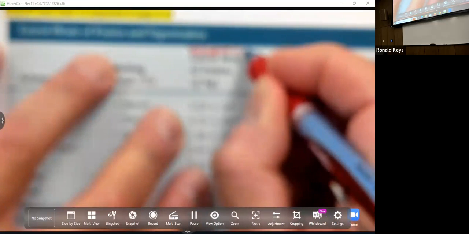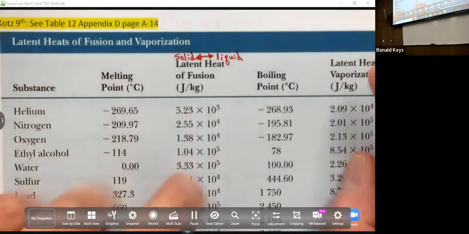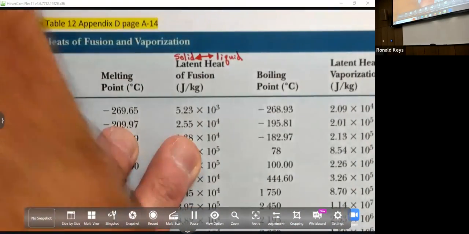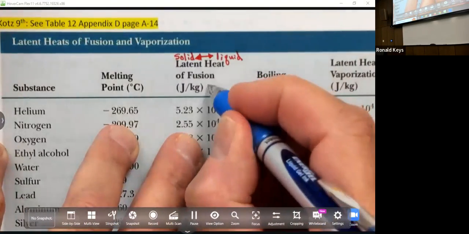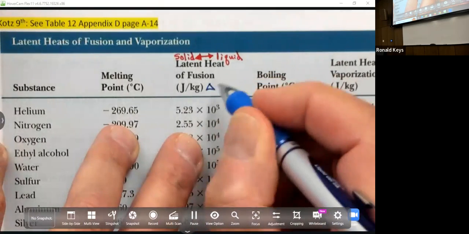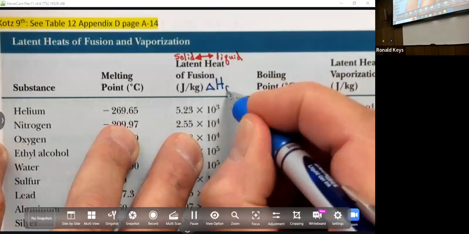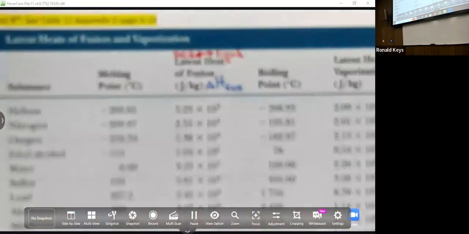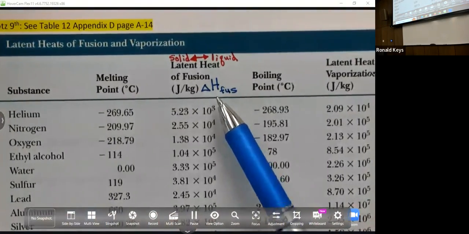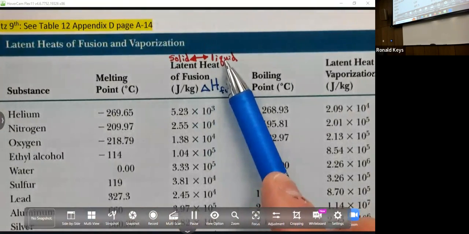Now this is to go from a solid to a liquid or vice versa. Now remember, we're talking phase changes. Solid to a liquid. Focus. The symbol for this is triangle H, meaning delta H, and for fusion, FUS. This is the heat energy to either melt something or freeze it from a liquid to a solid.